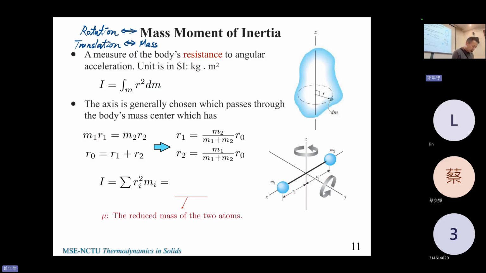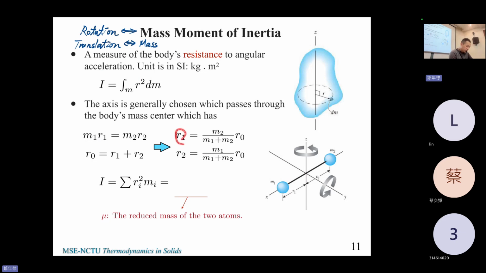R0 is R1 plus R2, no problem. You can substitute the R0 into this, and then you can find that R1 equals R0 times M2 over M1 plus M2, and R2 equals R0 times M1 over M1 plus M2.